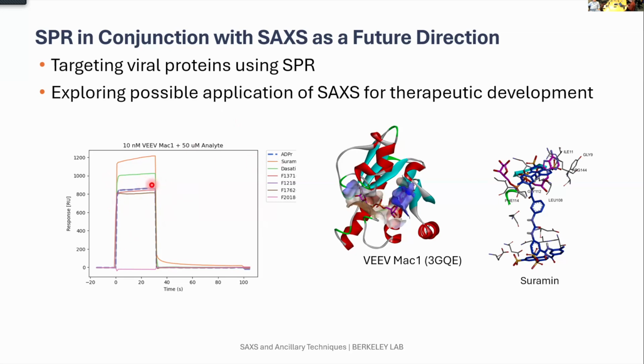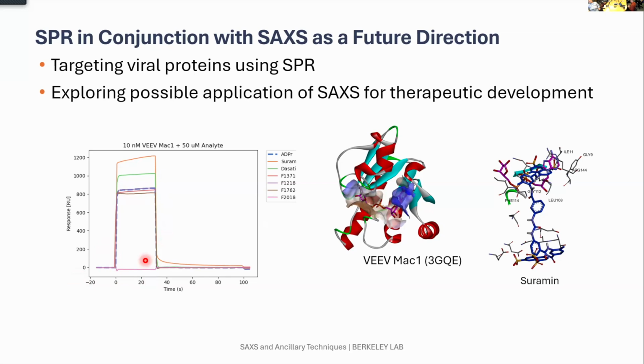Basically here we're targeting the macrodomain protein of a virus. Importantly, here we have some molecules with higher signal, which corresponds to better binders like suramin and dasatinib, and some other molecules with lower interactions, similar to signal coming from the substrate ADP ribose, and no interaction whatsoever for one of our tested analytes.